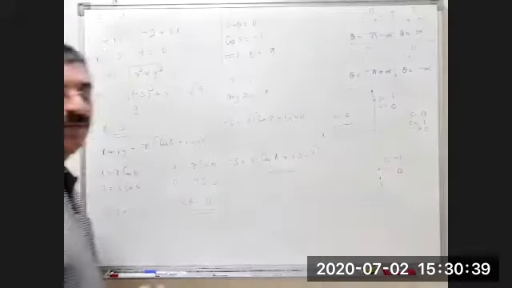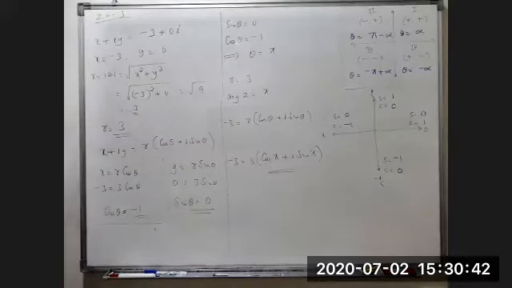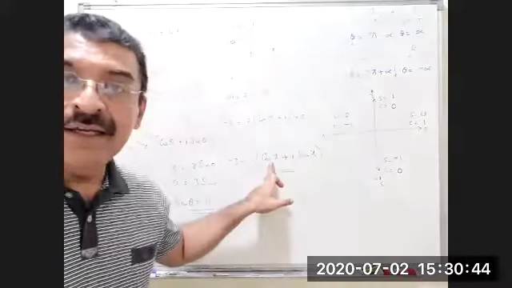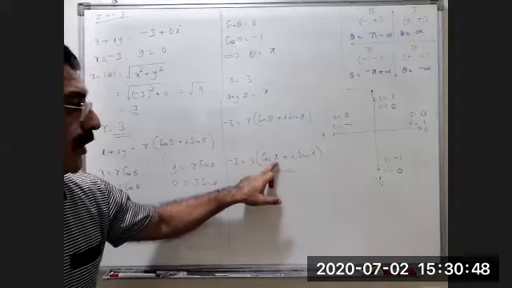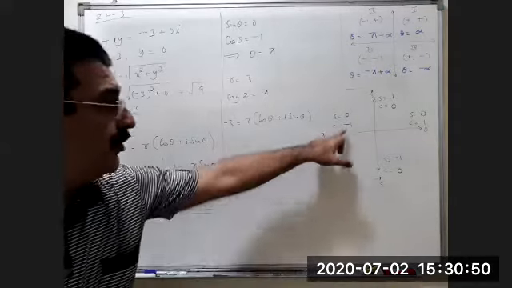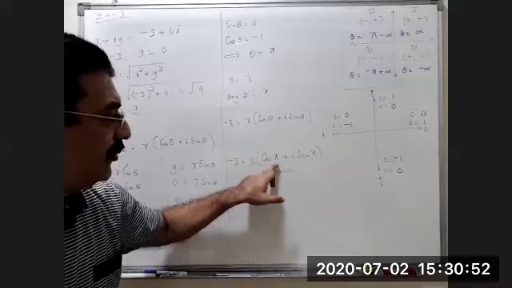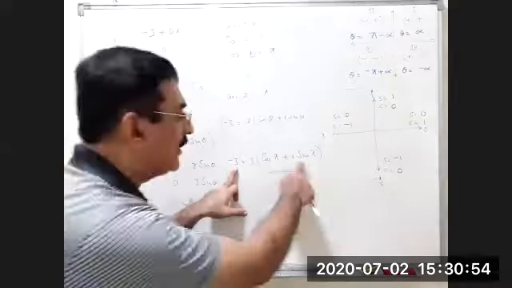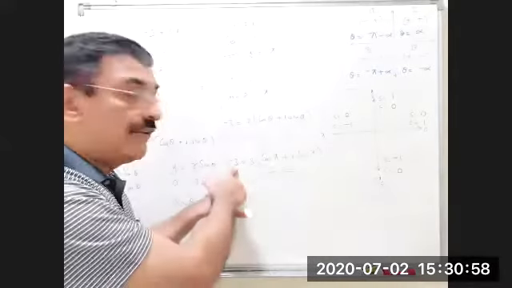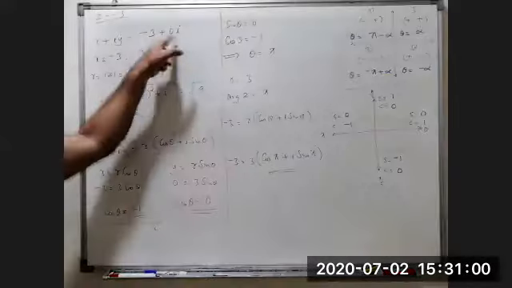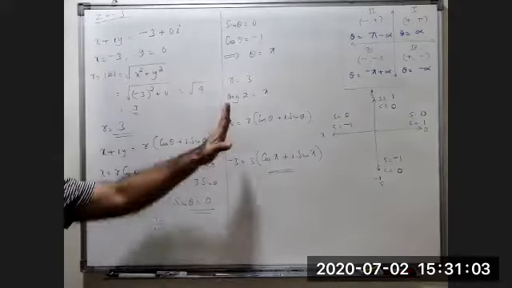This is the polar form. See, on the right-hand side, if you simplify it, we will get the left-hand side as the answer. Because cos pi is minus 1, so 3 into minus 1 is minus 3. Sin pi is 0, 3 into 0 is 0. So minus 3 plus 0. This is the polar form.